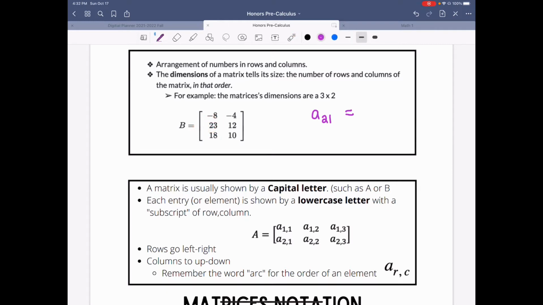So that's going to be 23. Or if I ask you to find A22, that's going to be row 2 and column 2. That's going to give me 12. All right, so first number represents the row, second number represents the column.